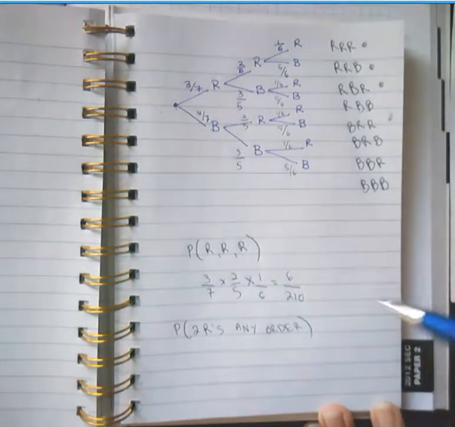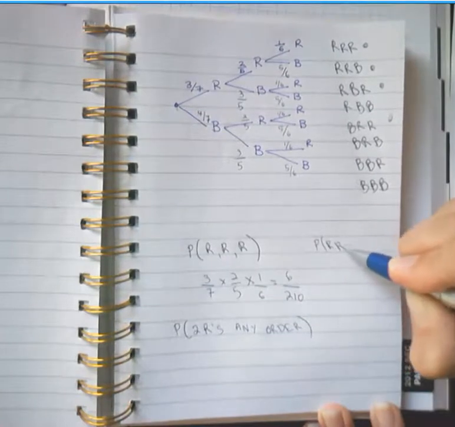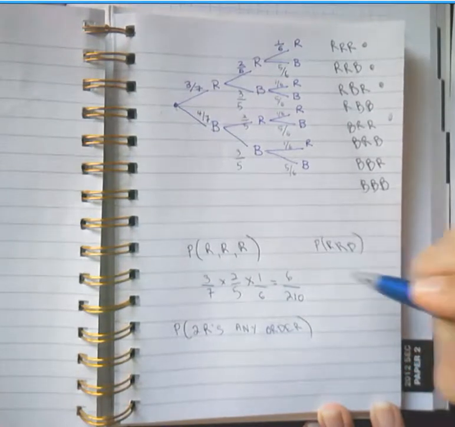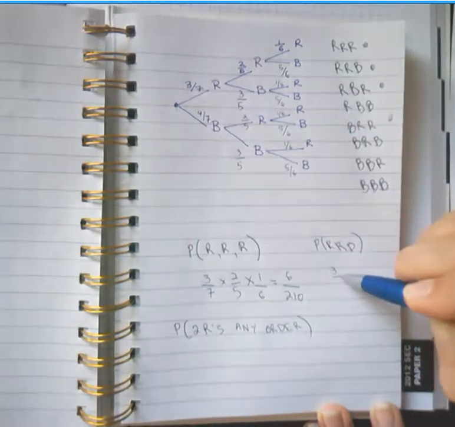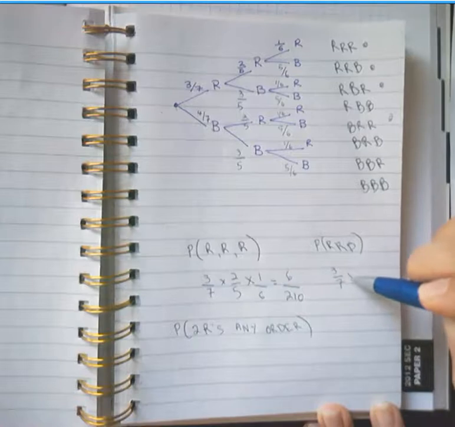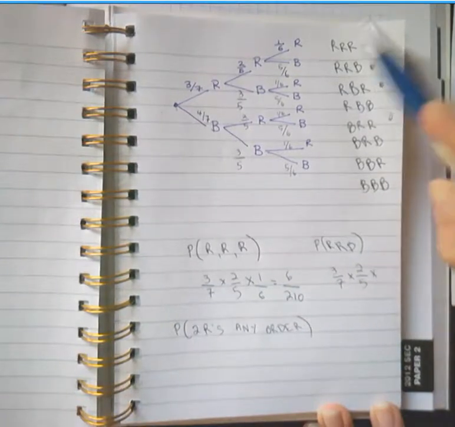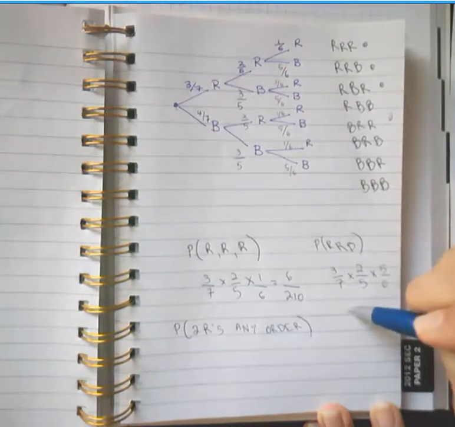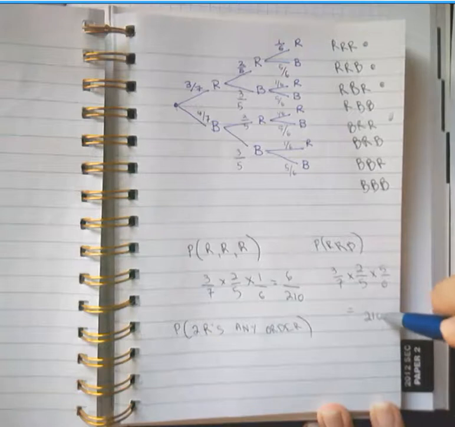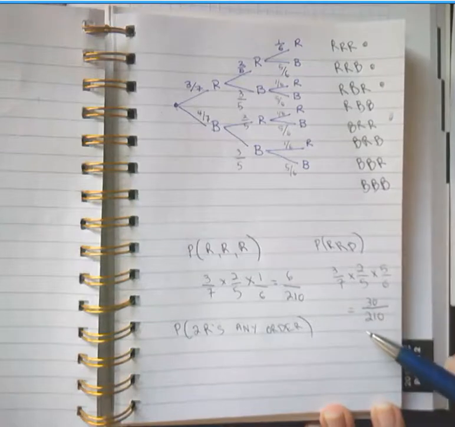So the probability of R, R, B would be equal to the probability of your red, which was 3 over 7, your red, which was 2 over 5, but then your blue, which was 5 over 6. So in that case, you are getting 6 times 5, which is 30 over 210.